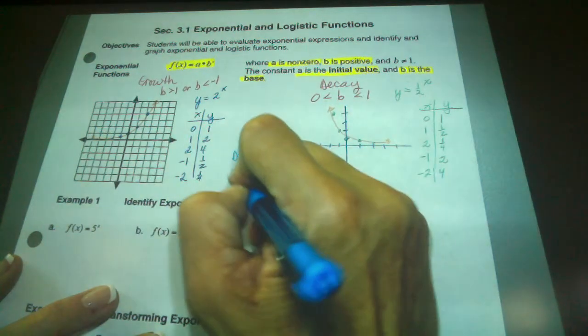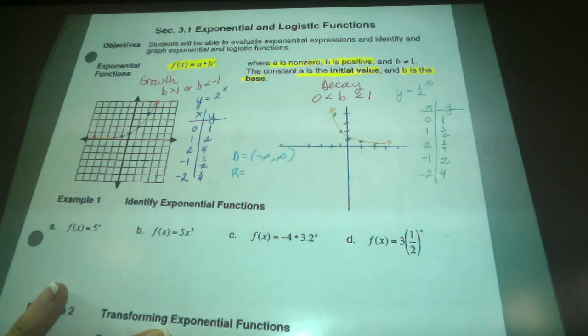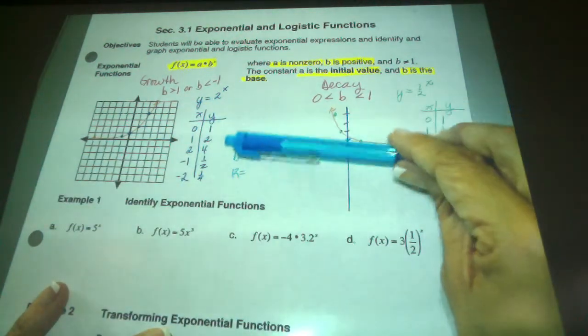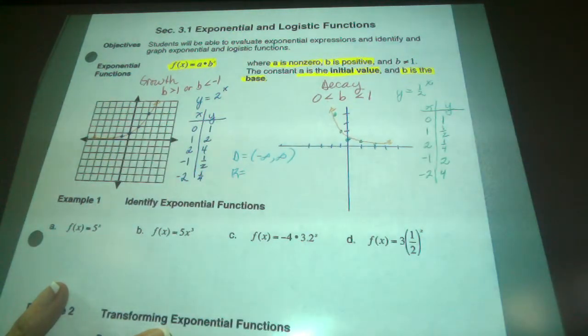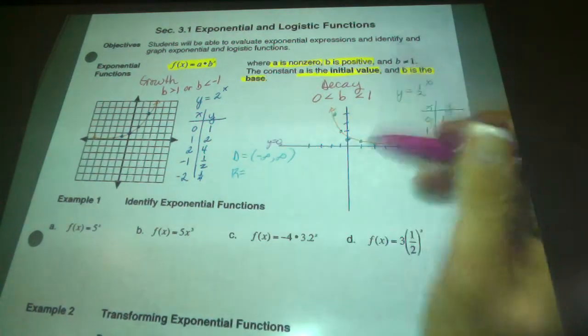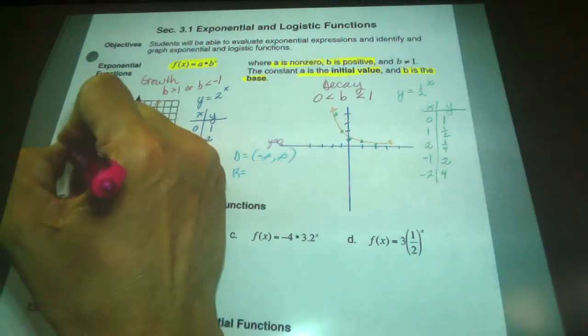What about the range? Is the range restricted? Are there any negative range values? No. So the range starts at what number? See, isn't this a horizontal asymptote right here? Because it's approaching on the right y equals 0, which is the x-axis, and on the left it's approaching y equals 0.